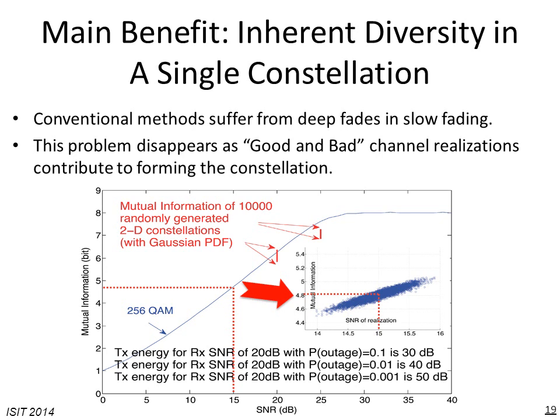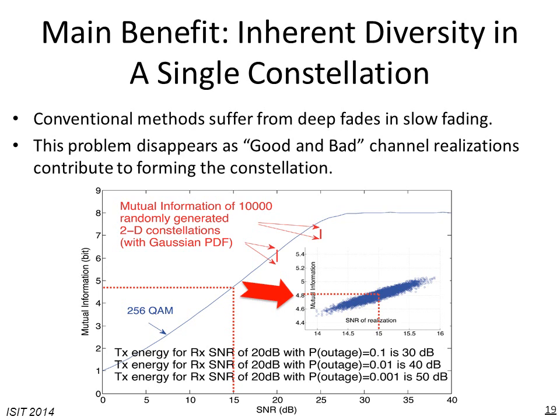Now let's focus on one particular point. Similar behaviors are observed over all points before the knee of the curve. So let's look at the SNR of 15 dB. For an SNR of 15 dB, for the case of 256 QAM, the transmitted SNR and the receive SNR will be the same, and we get something like 4.8 bits per 2 dimensions when the 256 points are used with equal probability.